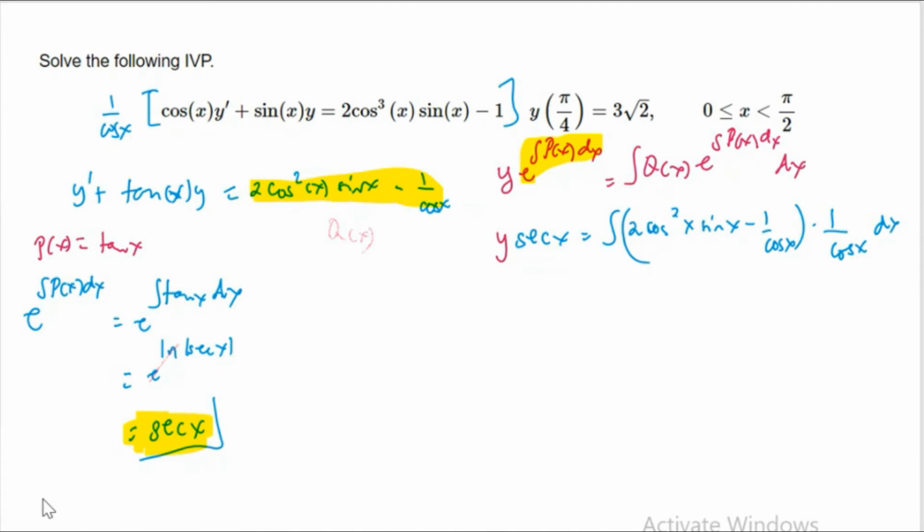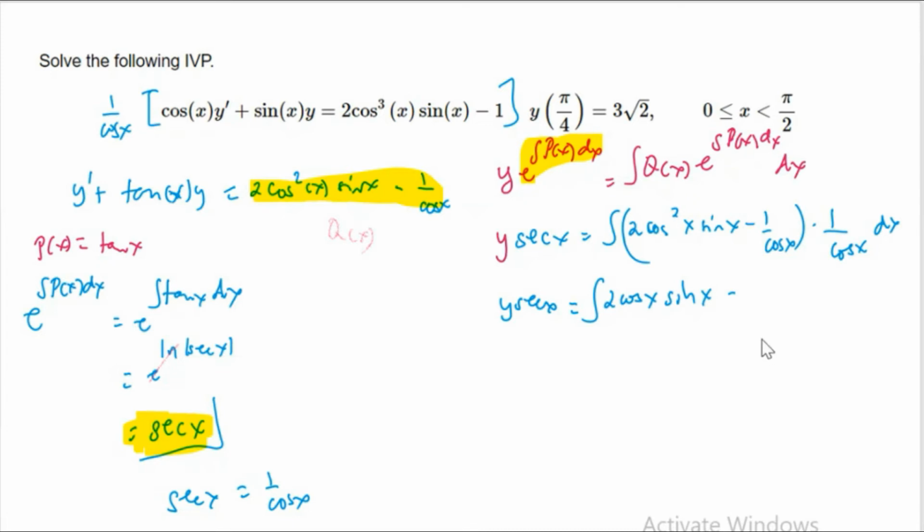Take note that in the identity, secant x is just equal to 1 over cosine x. Now I can write y secant x is equal to, multiplying this out, 2 cosine squared x sine x times 1 over cosine x. So the quotient is just 2 cosine x sine x, minus 1 over cosine x times 1 over cosine x, which is 1 over cosine squared x.